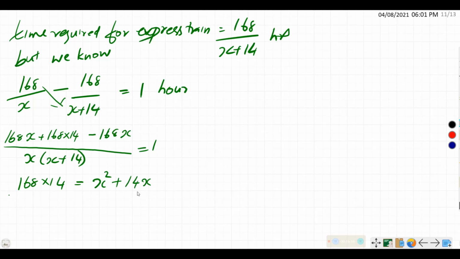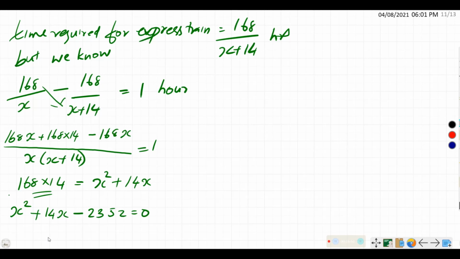Now it is coming on track. We have to multiply 168 into 14, which will be quite a big number. Let me multiply. Just a left-right inversion we will be doing: x square plus 14x minus the number which we have got is equal to 2352. I did the multiplication myself, just copied it.